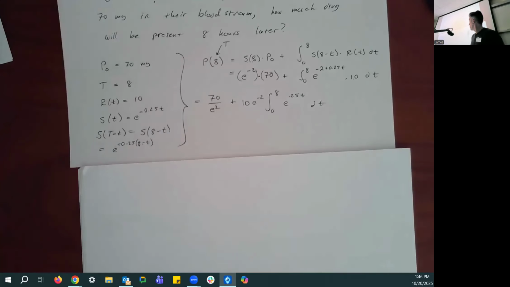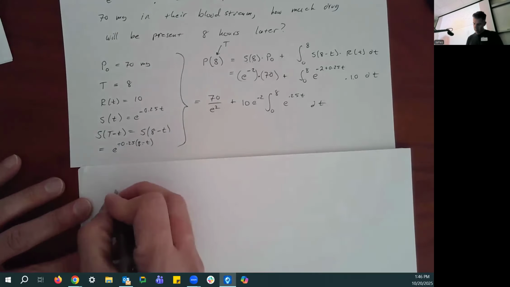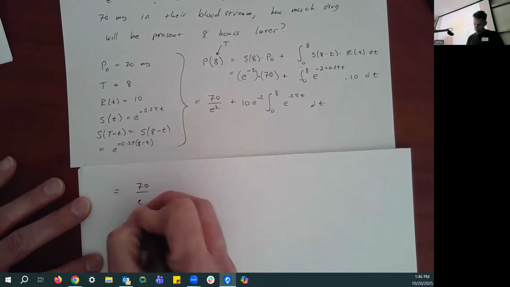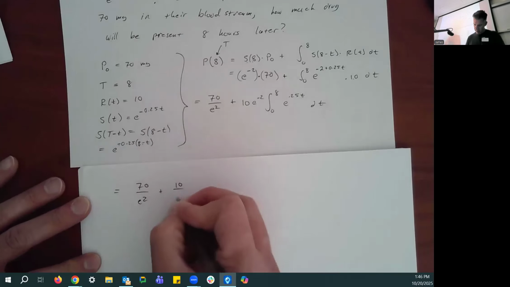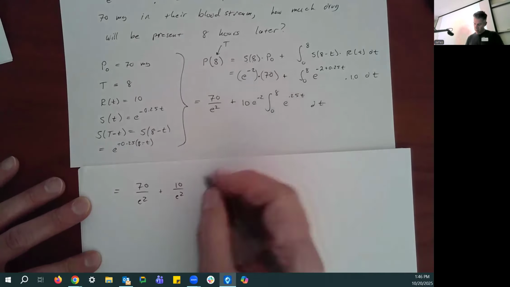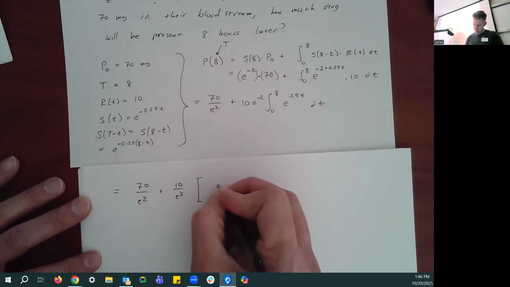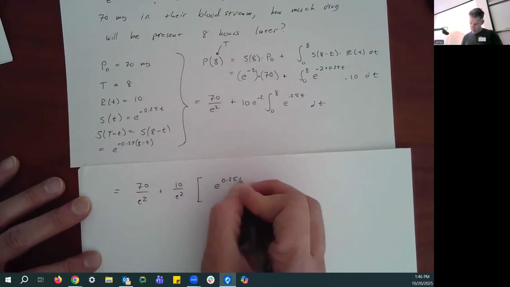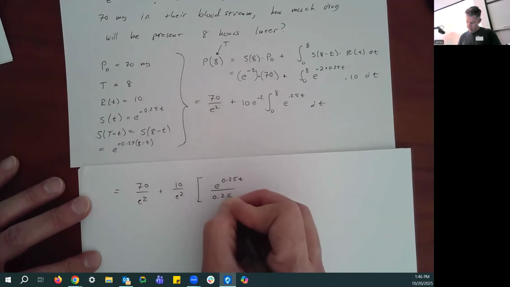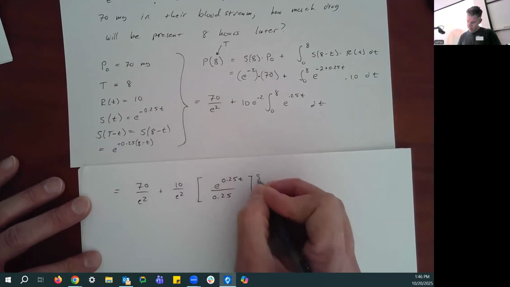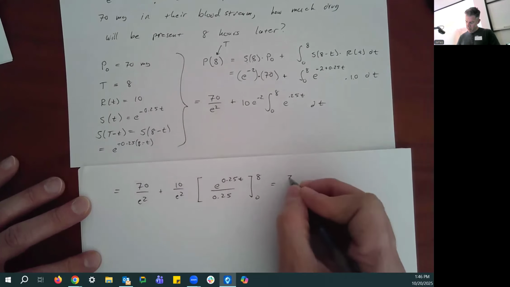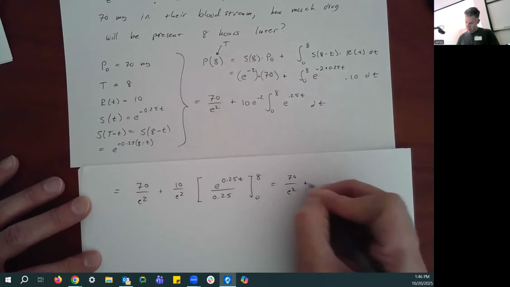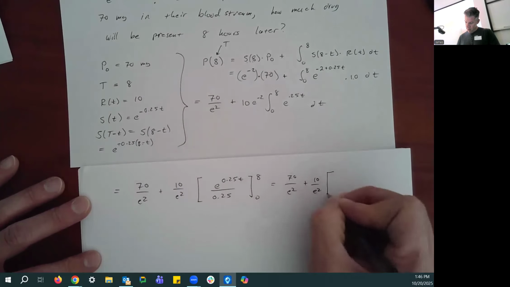So let's see. Going further, we're going to get 70 over e squared plus 10 over e squared. Integrating this, we're going to get e to the 0.25t divided by 0.25, evaluated from 0 to 8. We plug it in, we get 70 over e squared plus 10 over e squared.